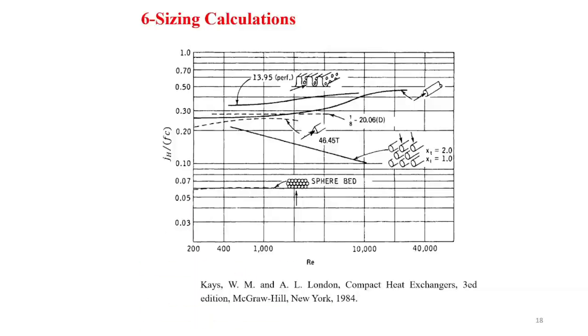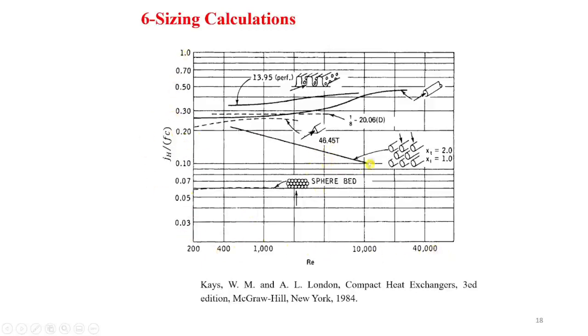Here, this figure from Kays and London shows the reason why we are assuming JH divided by the friction coefficient to be 0.3. This figure from the book of Kays and London shows the variation of this parameter, heat transfer coefficient divided by the friction coefficient, as a function of Reynolds number. So on the x-axis you have Reynolds number, and on the y-axis you have this ratio.